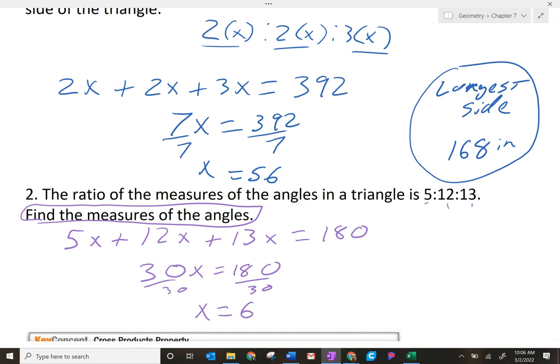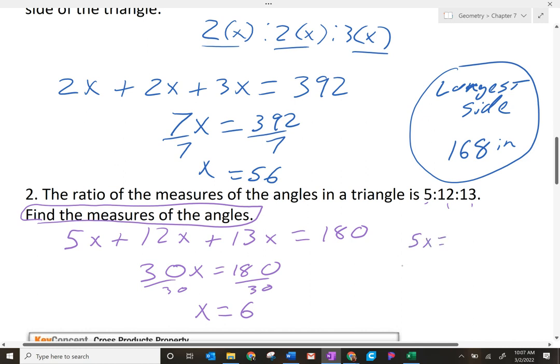And the very last part it's asking me is find the measures of all the angles. I'm going to plug this 6 back in to this one, this 5x, plug the 6 into this one, and I'm going to plug the 6 into that 13. So I'm just going to kind of write it as that extra step just to show you what I'm doing.